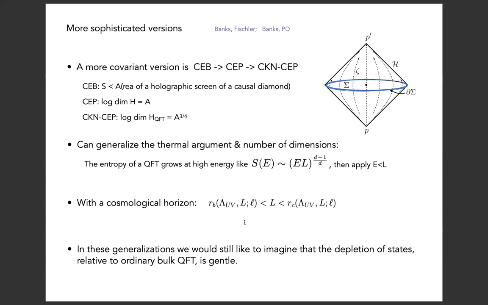The question about the de Sitter and cosmological horizons, instead of just requiring that L is bigger than the black hole radius, we now need to require that the cosmological horizon is also bigger than L. This is how we deal with boxes that are larger than the Nariai radius in de Sitter. But in all of these generalizations, we would still like to imagine that whatever the theory of quantum gravity is that applies, the depletion of states relative to ordinary bulk QFT had better be pretty gentle.